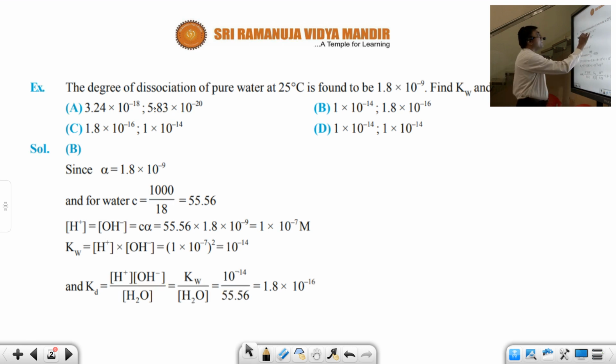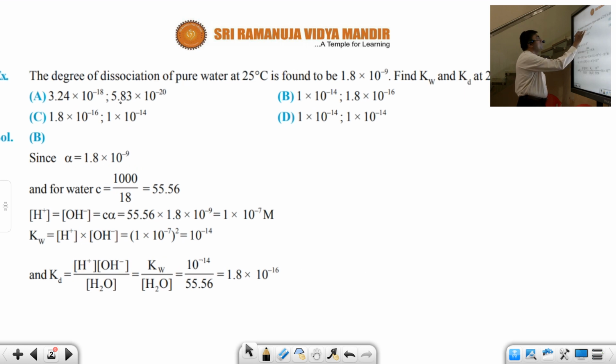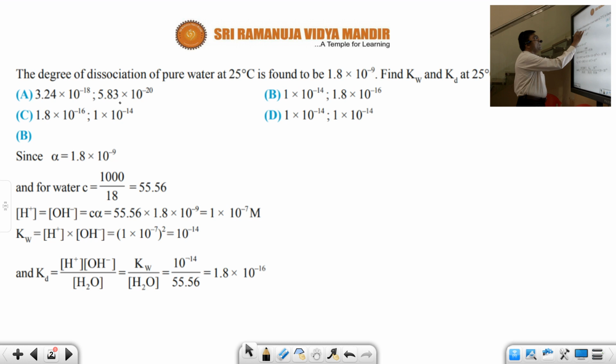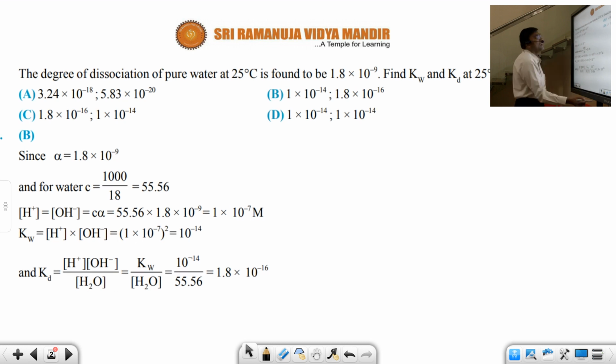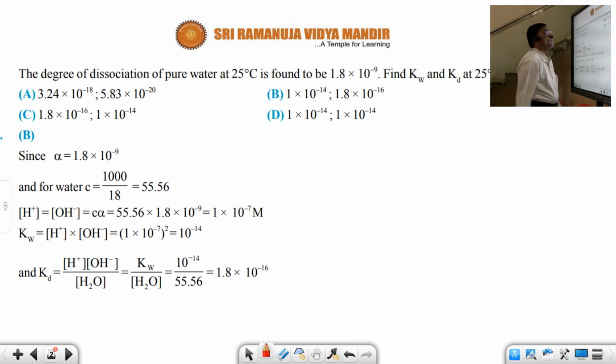Well, let us have a look at the first question. The degree of dissociation of pure water at 25 degrees is found to be 1.8 into 10 power minus 9, and find Kw and Kd at 25 degrees centigrade.